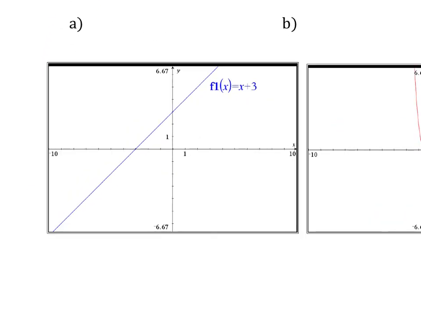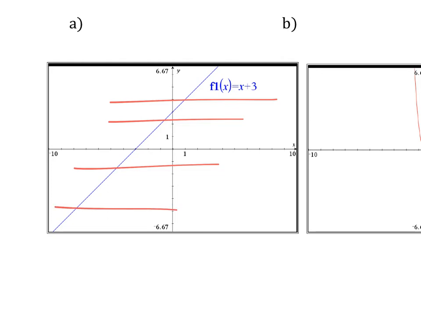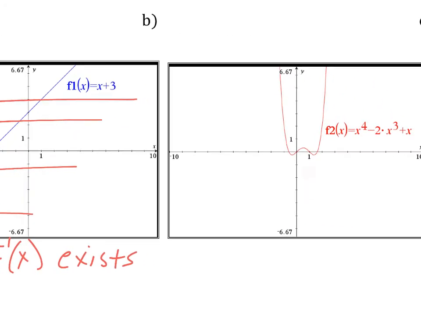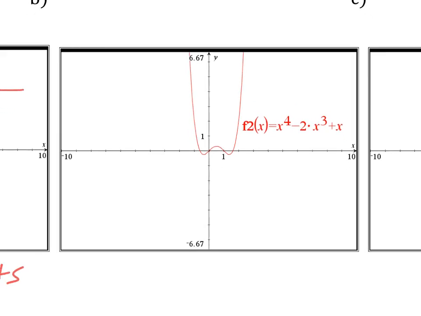In other words, here's a function. It's a line. Does this have an inverse? Well, if we were to draw horizontal lines, will any of those lines cross through more than one point? Nope. So the answer is yes. f negative 1 exists. The inverse of f exists. How about this one? Is it possible to draw a horizontal line through more than one point?